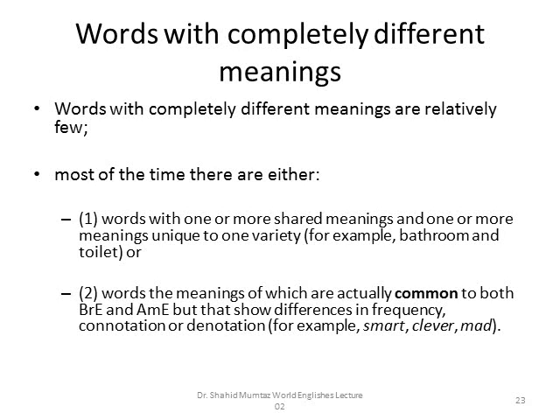Number one, a word with one meaning or more than one shared meaning, and one or more meanings unique to one variety. So one or more meanings are unintelligible to the other variety. For example, bathroom and toilet.